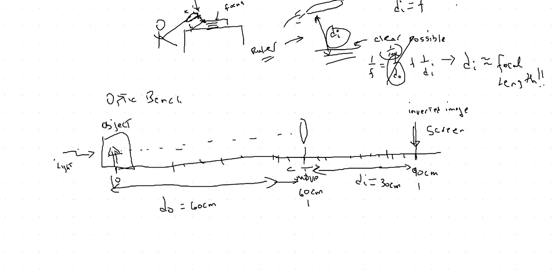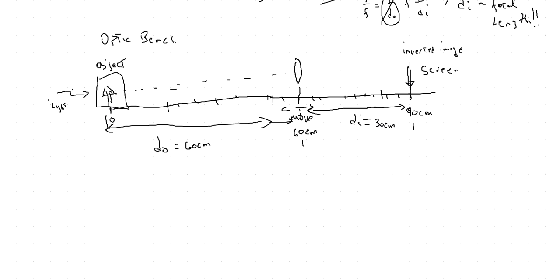And so we can figure out the focal length, right? Because 1 over f equals 1 over DO, and I'm making these numbers up, plus 1 over DI. So it would be equal to 1 over 60 plus 1 over 30. And again, we can get those numbers, and I'm not going to work it out.